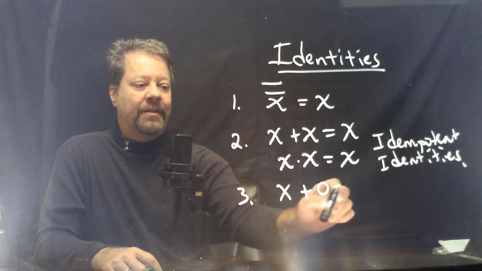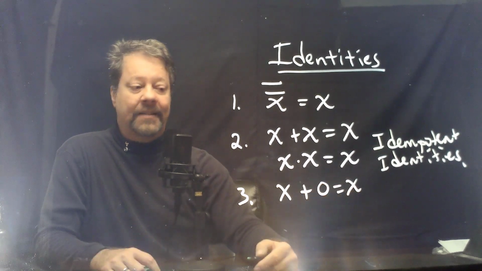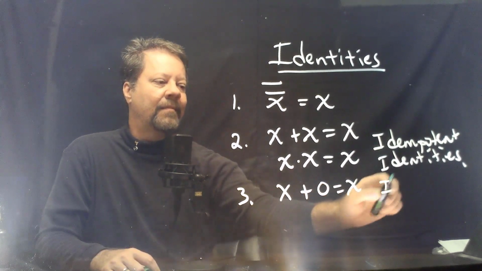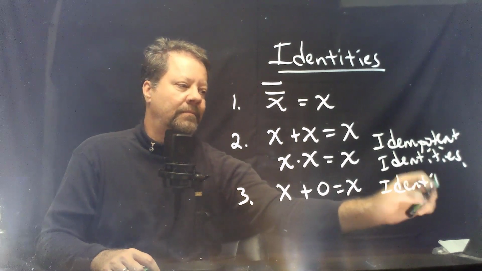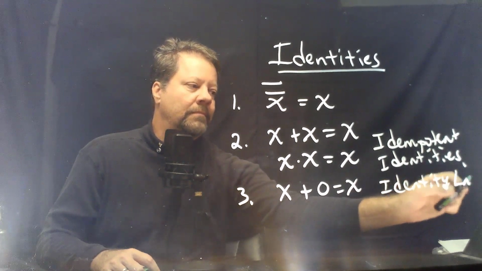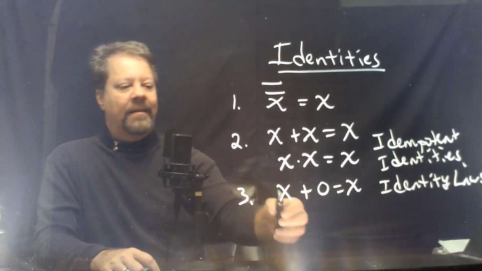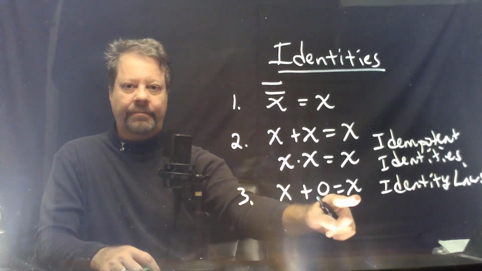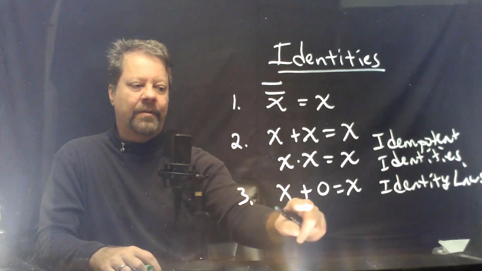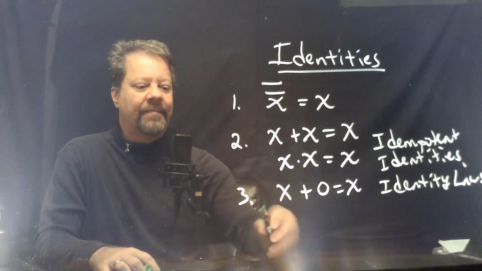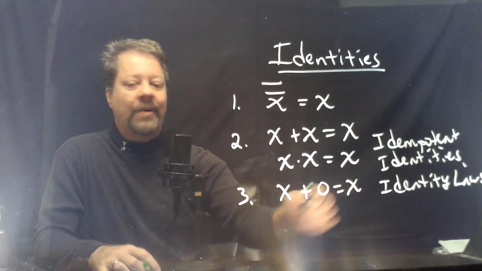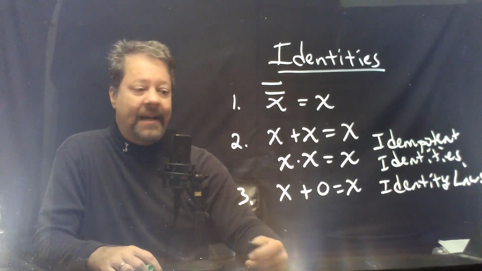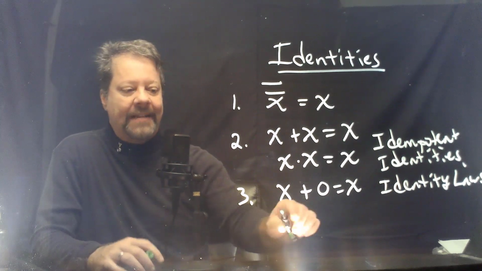X plus 0 is x. Right, so if this is true or false, still true. False or false is still false. So 0 acts like the additive identity from real numbers in that sense.